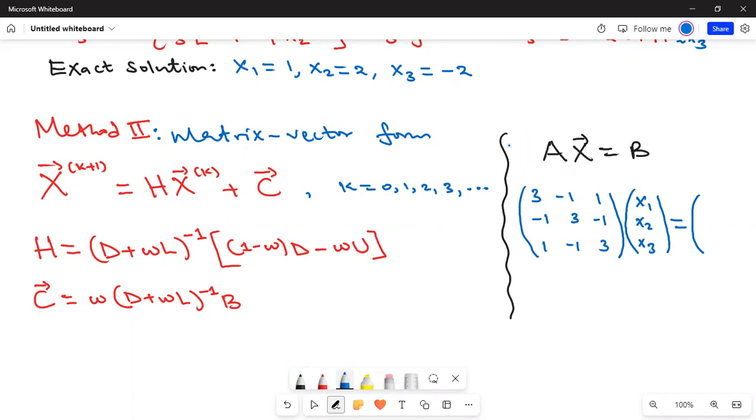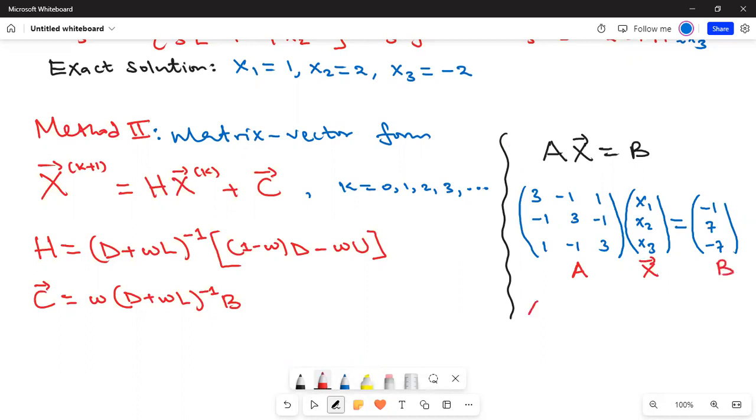The right-hand side is -1, 7, -7. So this is our A, this is our X, this is our B.